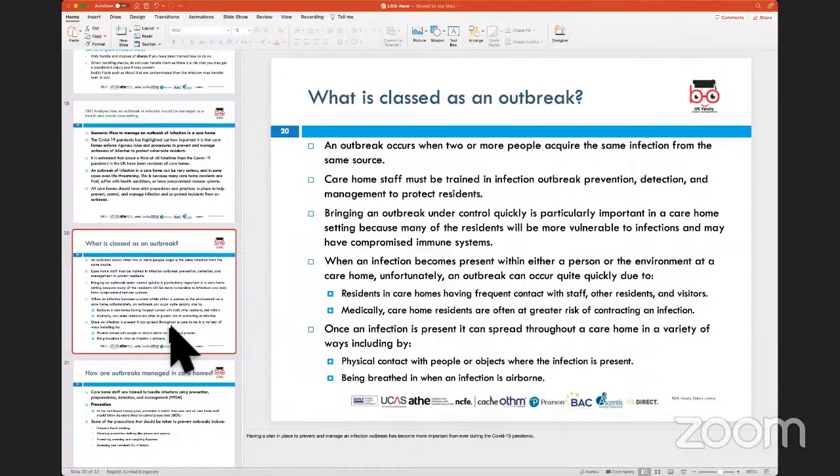Now, when we talk about outbreaks, and how they need to be controlled and prevented, you would see that all organizations within this sector need to have mandatory trained staff in terms of preventing and managing outbreaks. So there are trainings put in place, and these trainings are mandatorily required to be done by all members of staff working within this location as per government legislation.